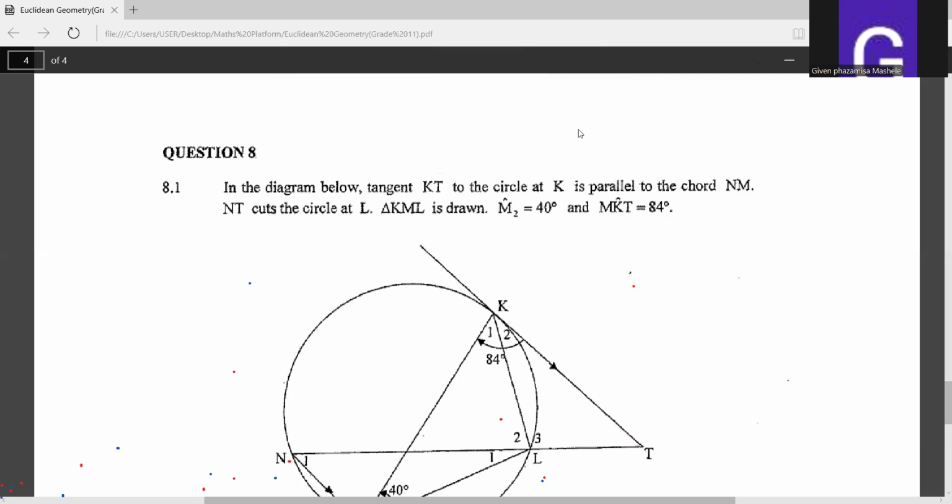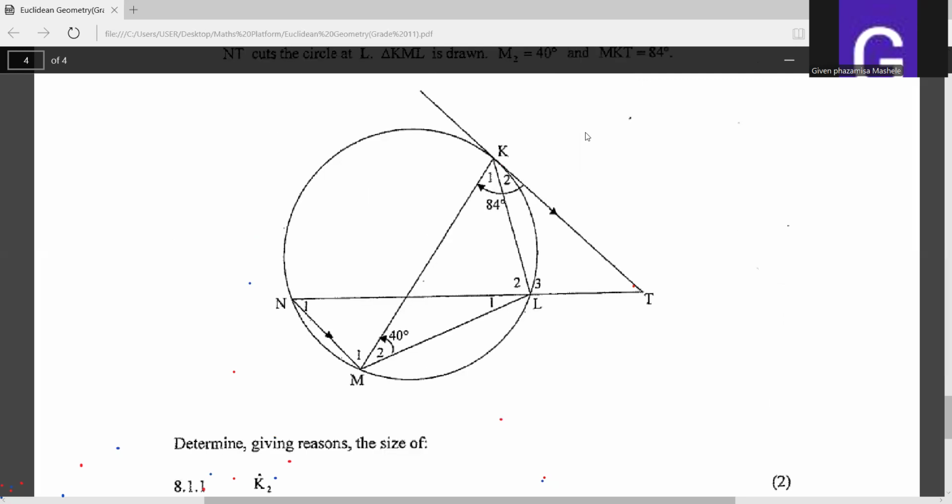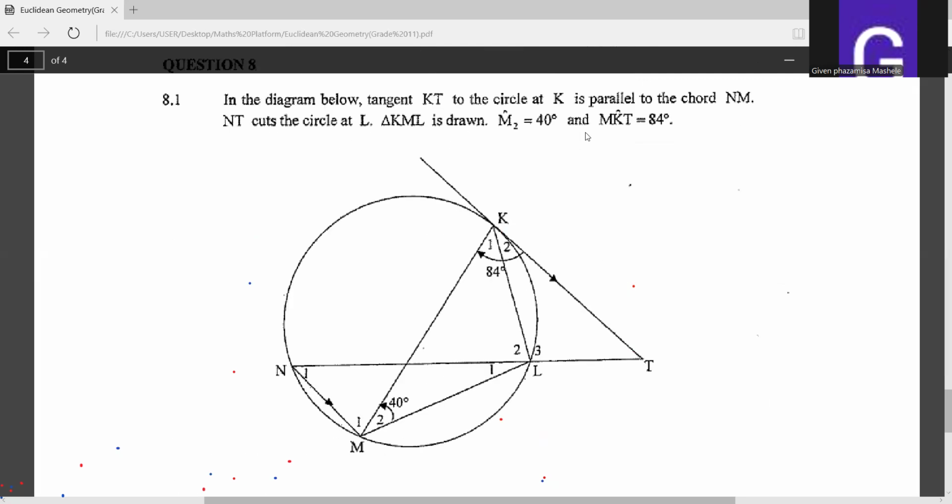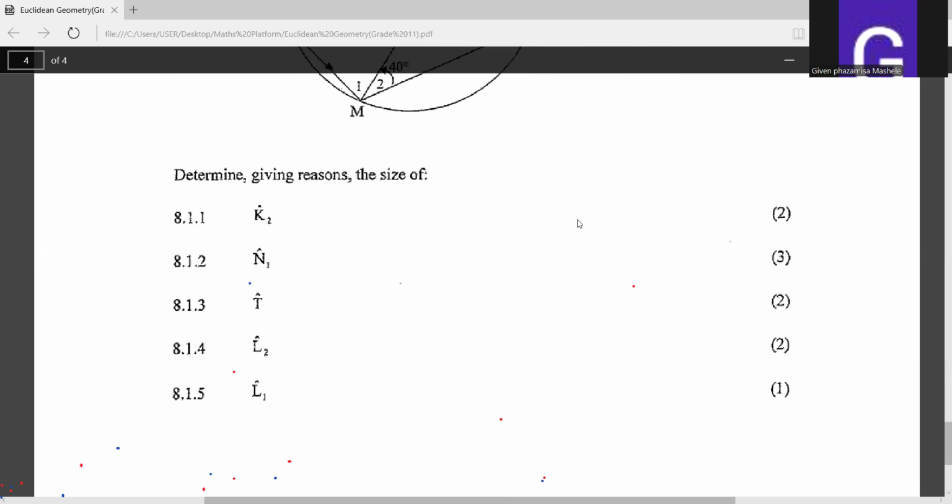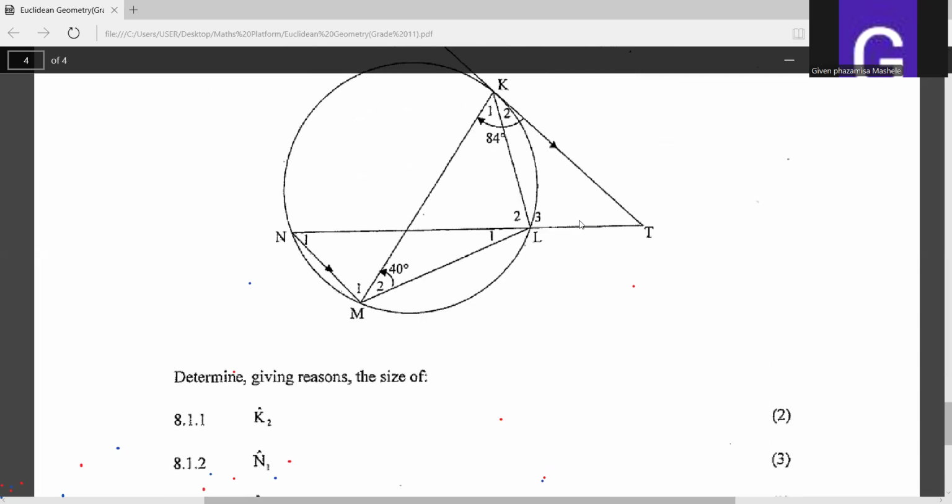Just go through the questions on your own. Analyze the diagram, and then after analyzing the diagram, answer the questions on your own. Remember, K2 is 40.